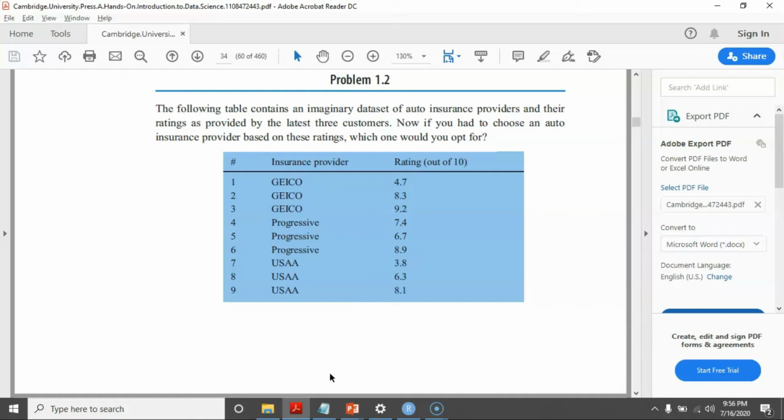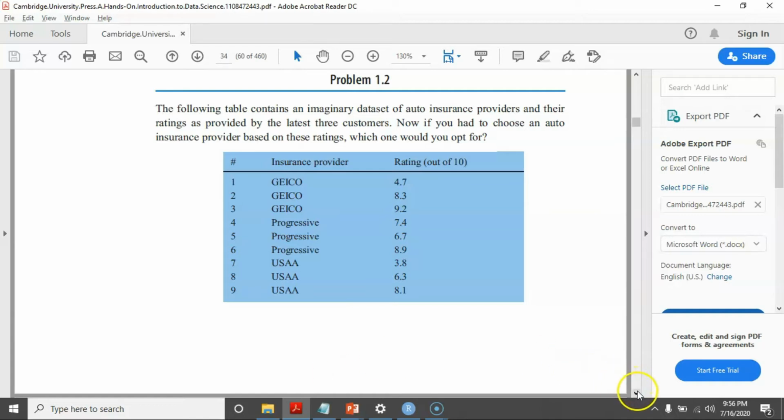So if I want to opt for an insurance provider, I want to use insurance services from some provider, then which one should I select? As you are aware, we will use the same approach to find out which insurance provider is best.